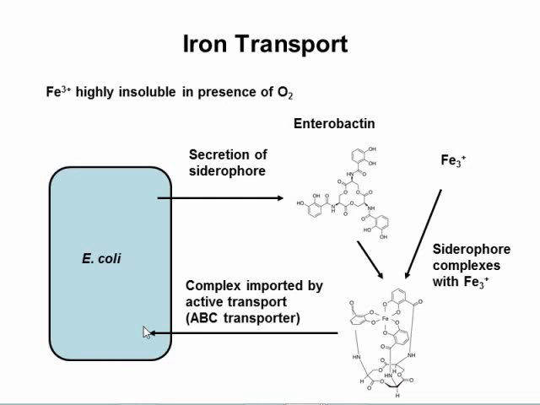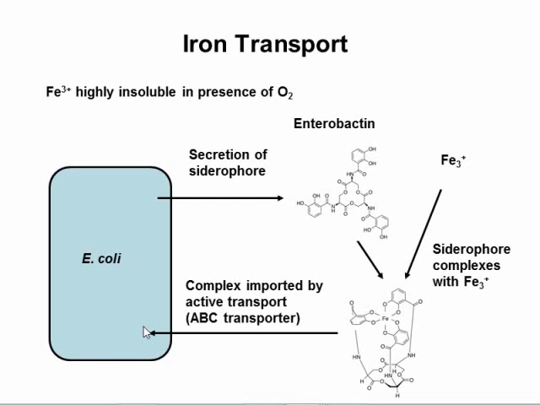It's a small molecule, so it will be able to diffuse back through an outer membrane pore in, and then it will be imported by active transport by an ABC transporter because the concentration is very low.